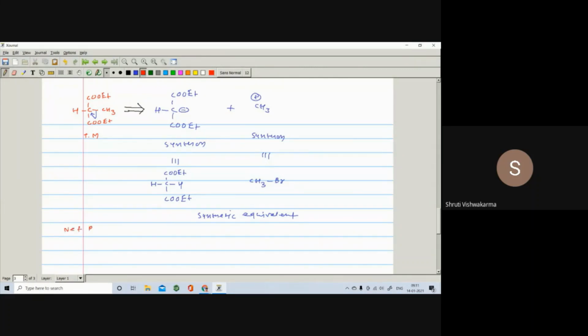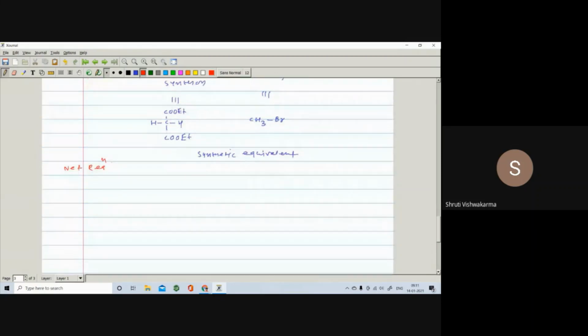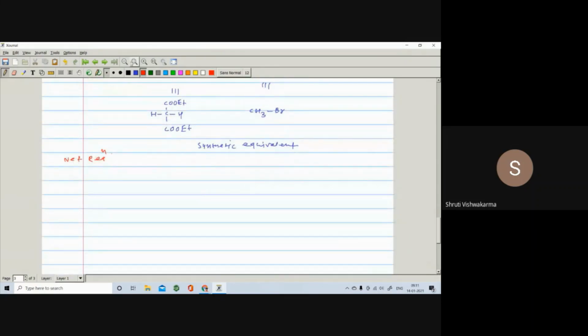The net reaction is also very simple, that you have learned in the previous topic. The starting compound is malonic ester, HC, here is the H, here is COOEt, and here is COOEt.